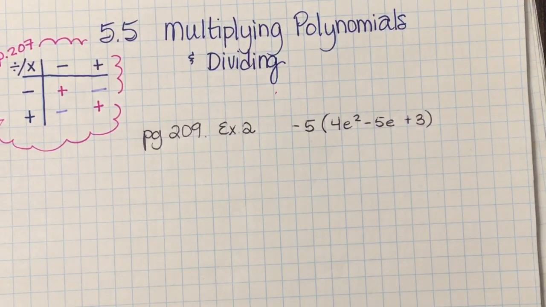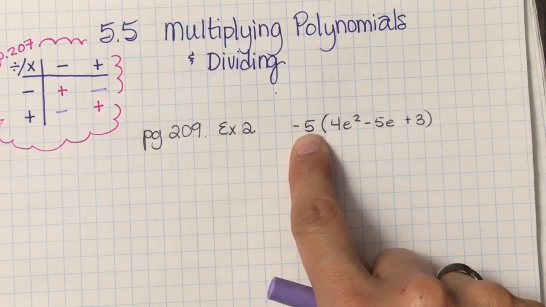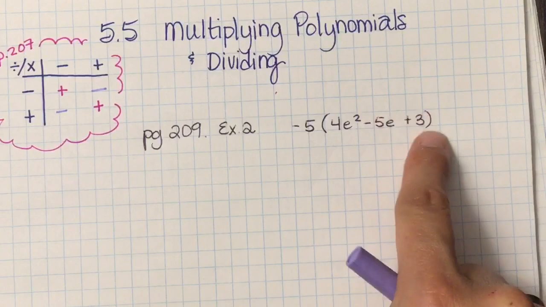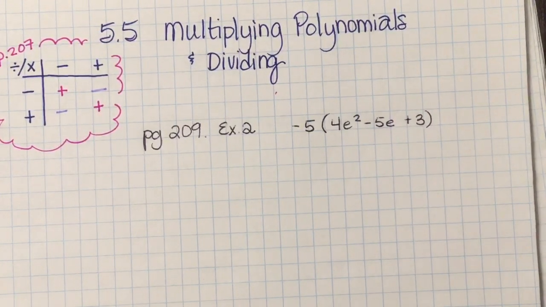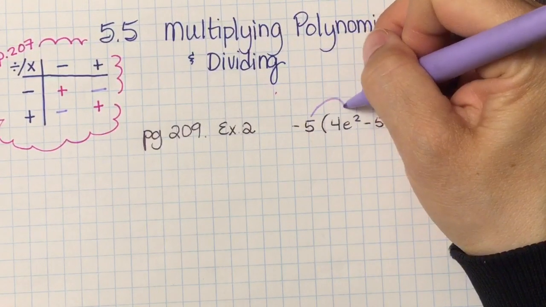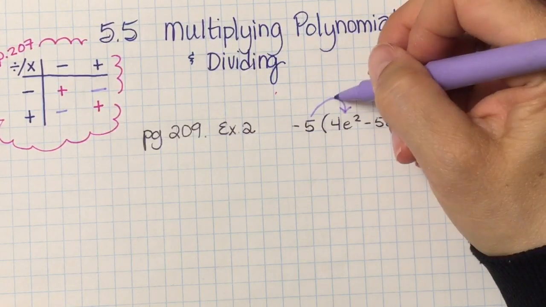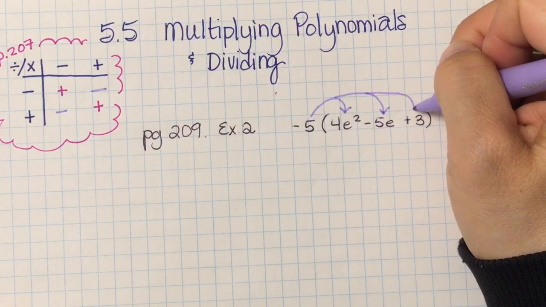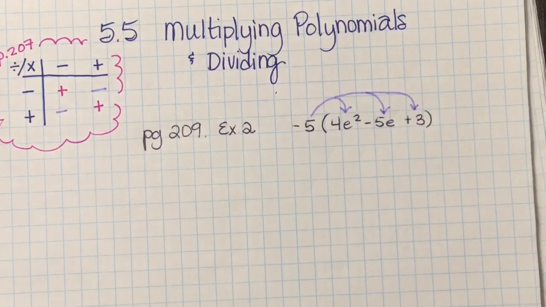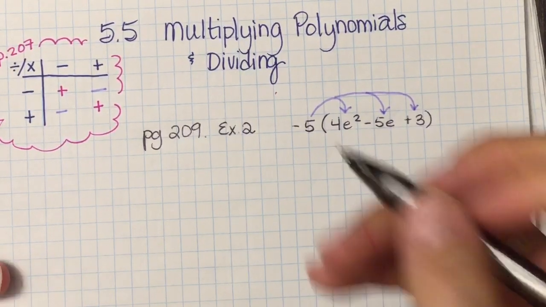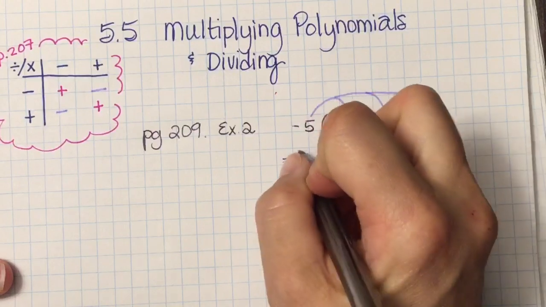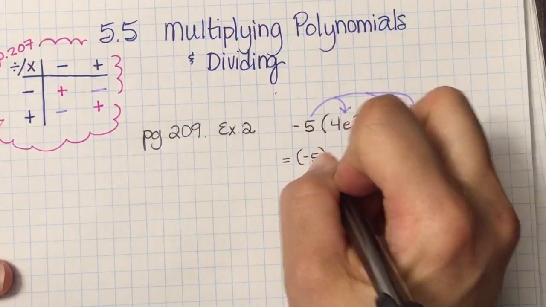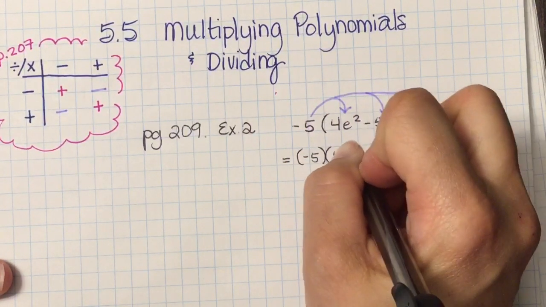So the distributive property means that we are going to take a value from outside the bracket and multiply it by every single term on the inside. So what this means is this minus 5 is being multiplied by 4e squared, is being multiplied by minus 5e, and is being multiplied by positive 3. So if we wanted to write that out again, we could have minus 5 times 4e squared.